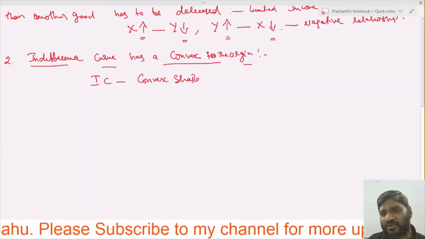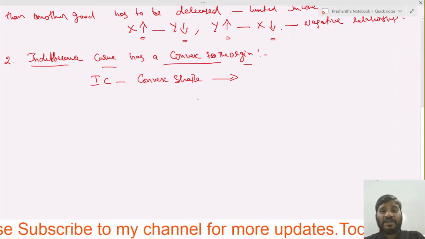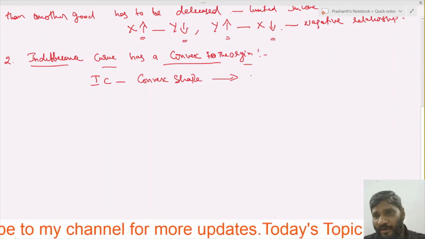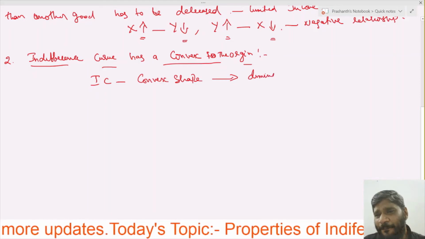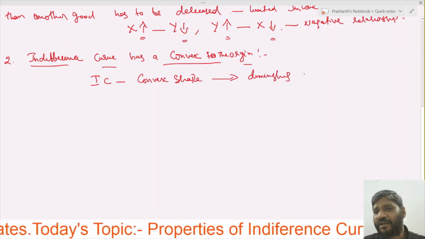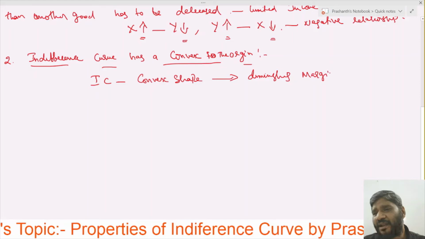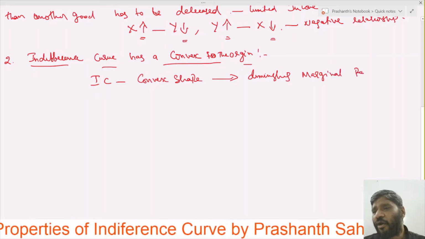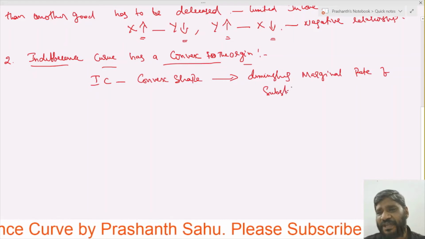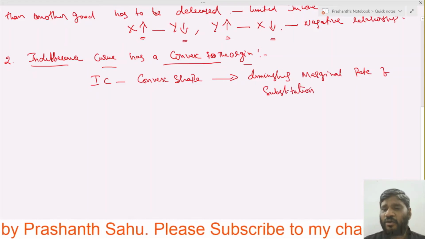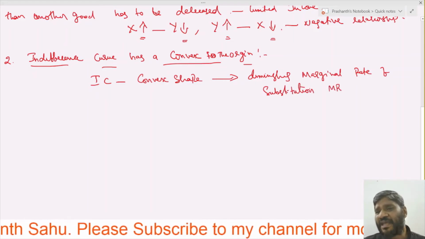In the previous already we have discussed the convex shape. Why? Because it has a diminishing marginal rate of substitution. We used to call it as MRS.